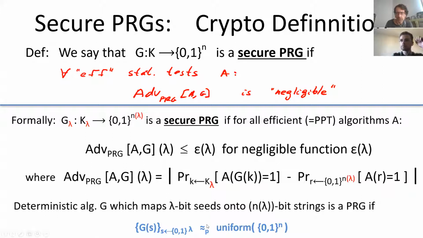For all efficient attackers, if you measure the probability that the attacker outputs 1 on samples on the left and subtract the probability that it outputs 1 on a random sample from the right, they are negligibly close.